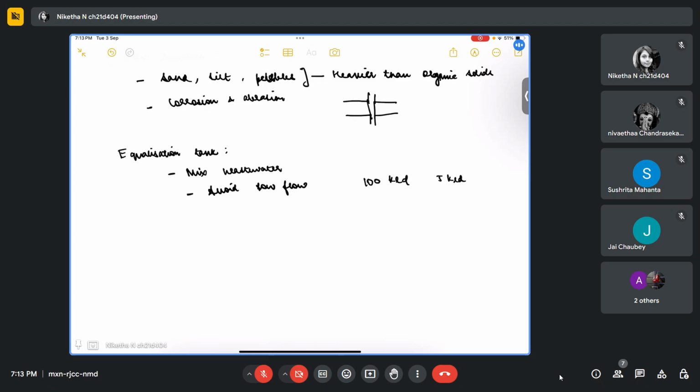All the tanks and motors won't be as effective. So that is why it is important to maintain the flow rate. If it is a 100 KLD plant, then this 100 KLD flow rate has to be maintained.